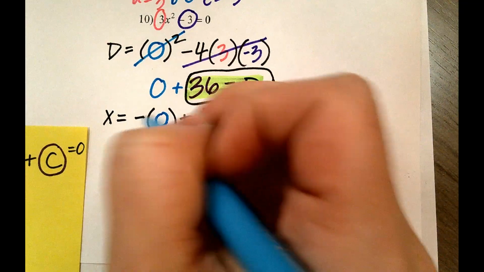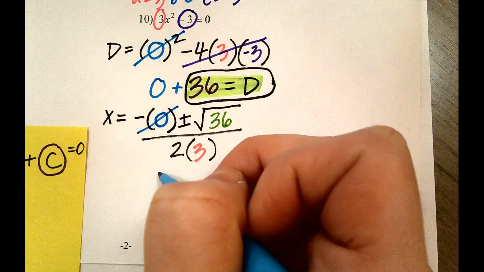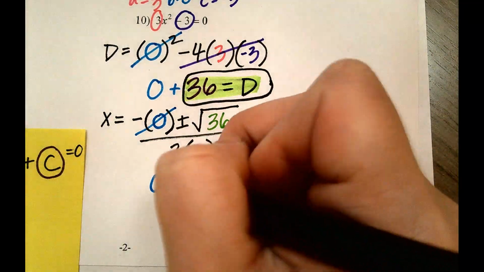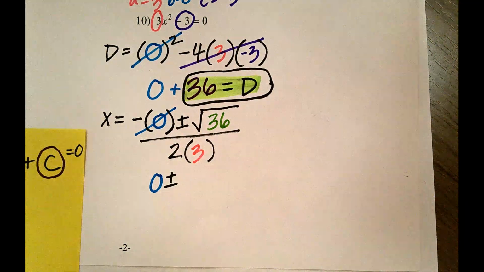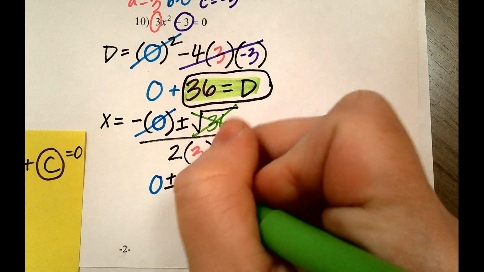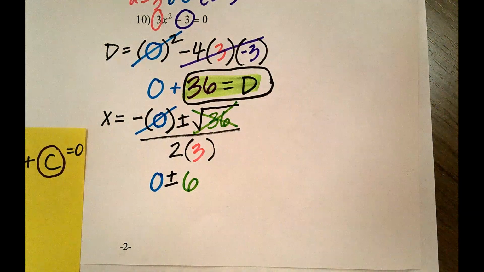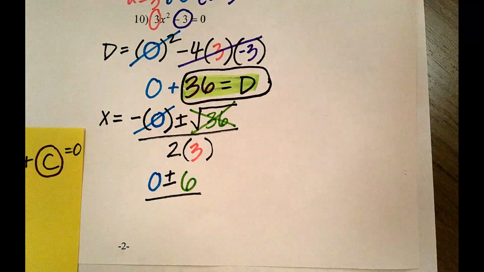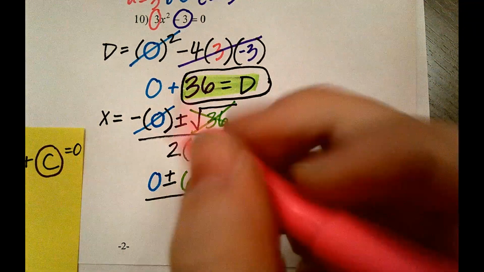There's no such thing as -0. It's just 0. I am going to bring down that 0 though. Plus or minus. It's going to be 6. Yes, the square root of 36 is 6. Let's cross that out. Do not bring your square root down. Over 6. All over 2A's. 2 times 3 is 6. 0. And then you split them. Now we split them.